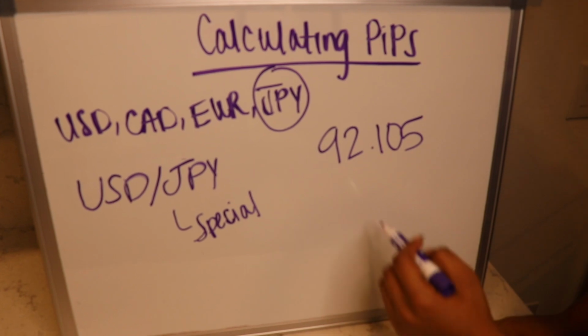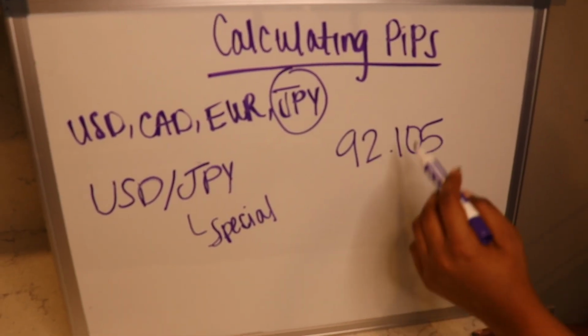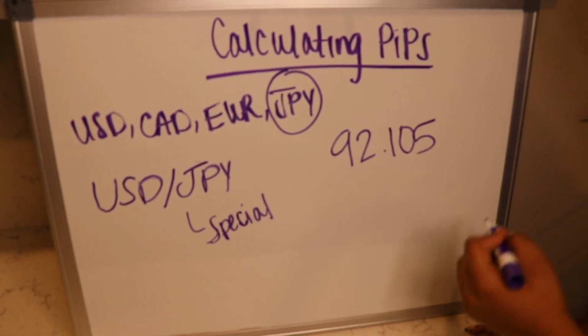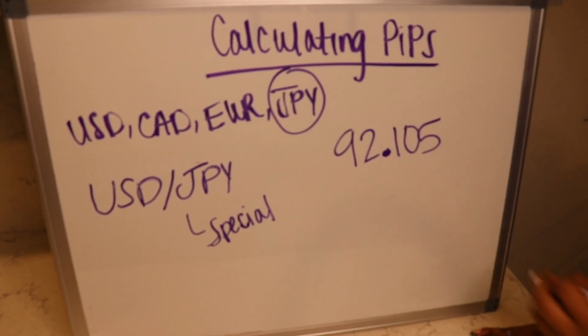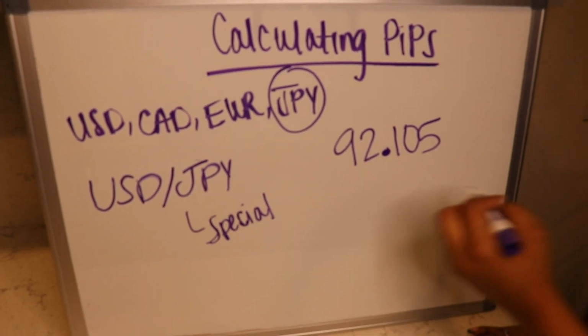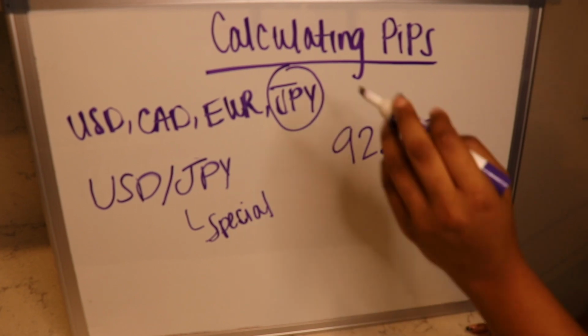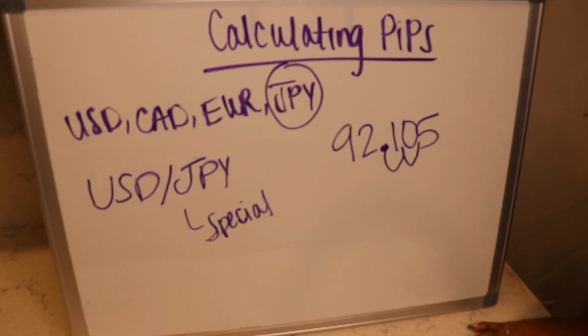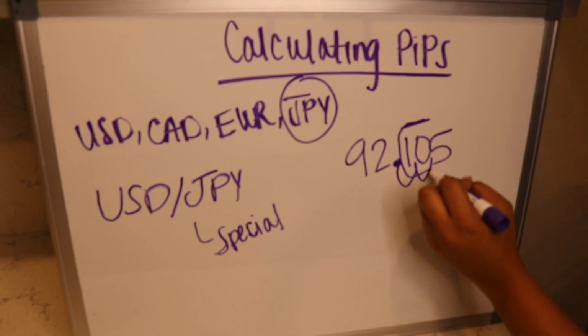92.105. We already noticed that the last pair was like 1.633745, right? We got two numbers in front of our decimal point. With JPY, we're only working with the 2 decimal places. So we're only going to be focusing on this pair here.